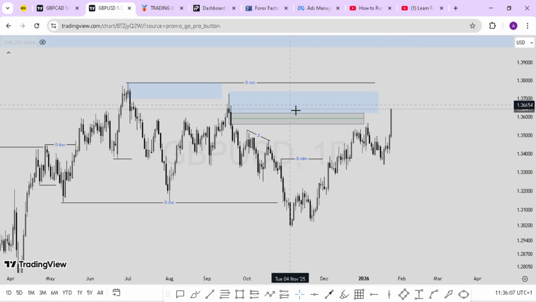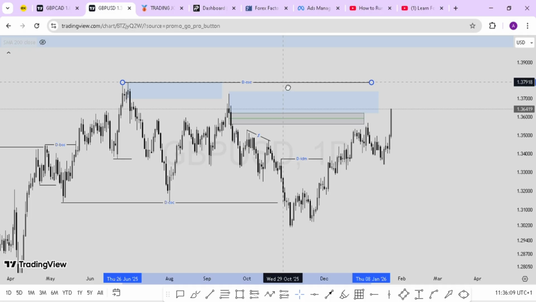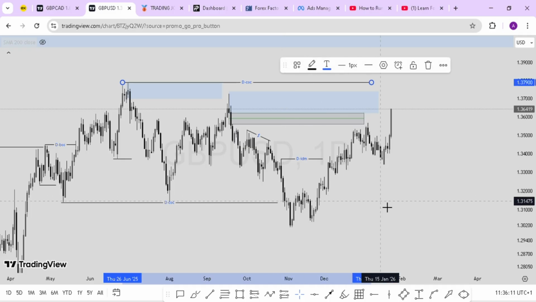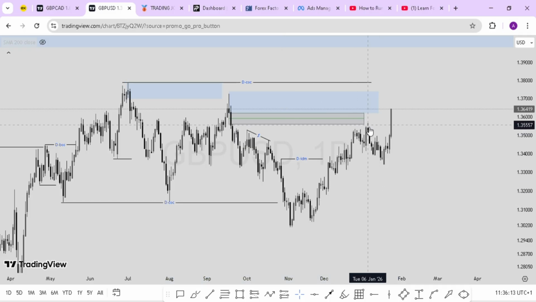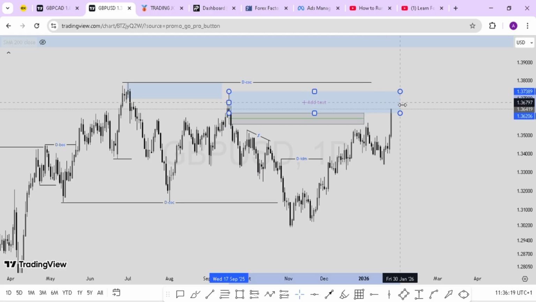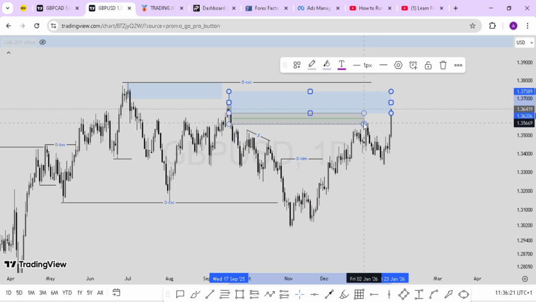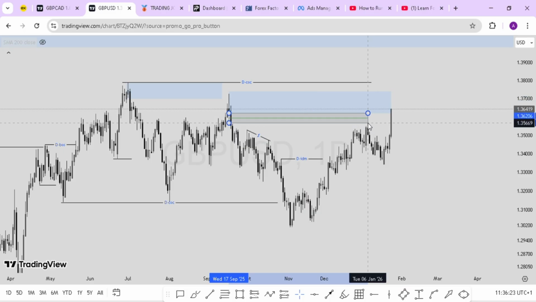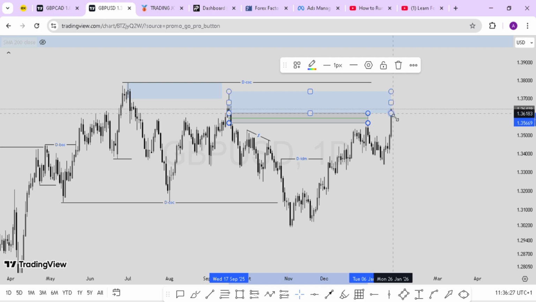As you can see, this was the last structure I dropped on GBP USD when the market was here, and I was anticipating that this move was just a pullback. Market is going to come to this other block. Market was initially responding to this fair value gap, but I was a bit comfortable seeing market trading towards this fair value gap, so I did not fall for this.